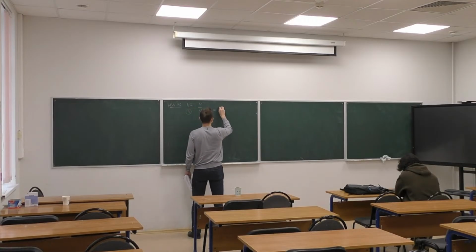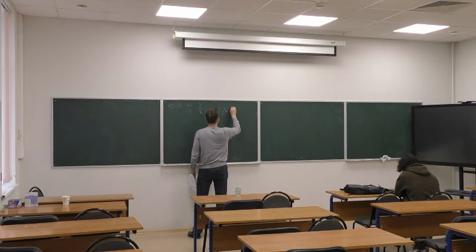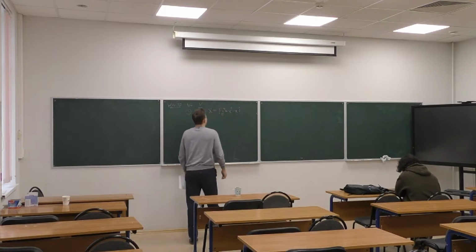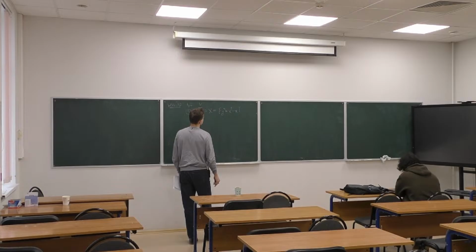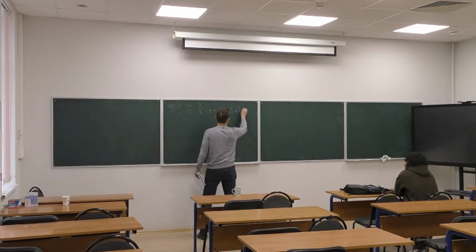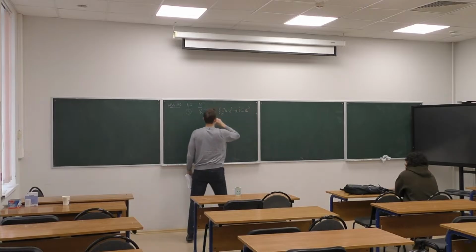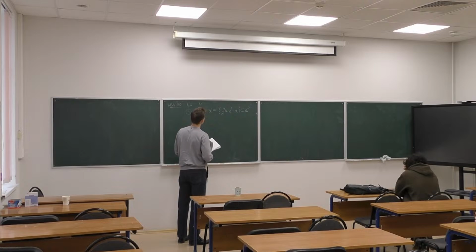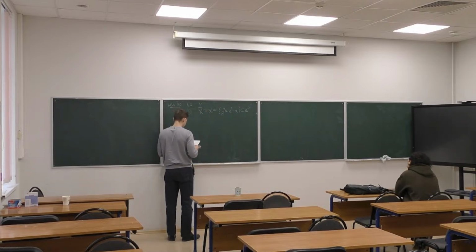the Riemann surface, hyperelliptic Riemann surface given by this equation. So we will consider this guy in C2, and then we know that it has a compactification, which is a compact Riemann surface of genus 3.